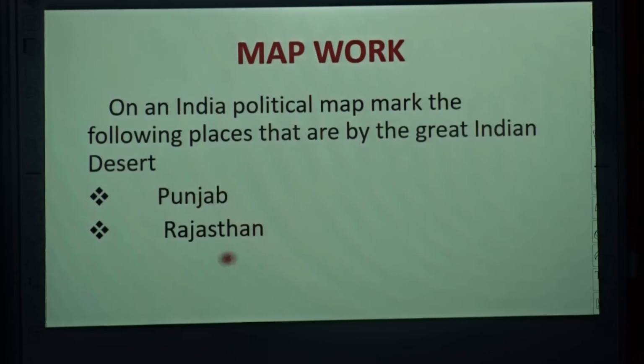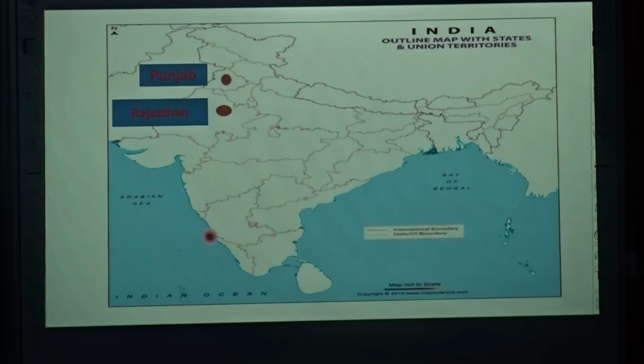So we have to mark these two regions, Punjab and Rajasthan. This is Punjab and this is Rajasthan. These are the two regions which have the Great Indian Desert, that is the Thar Desert.